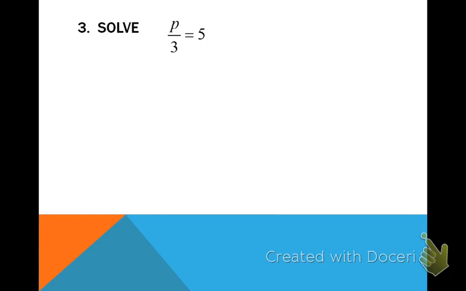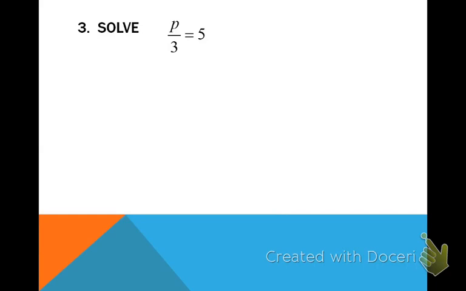What about one that looks like this? Same deal.